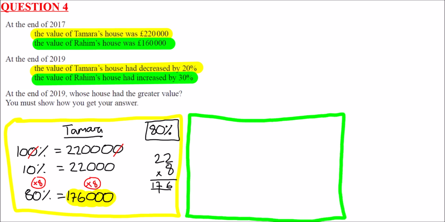So for Raheem's house, it's an increase, so it's gone up in value. Before anything changed to its value, it was 100% of itself. If it's increased, it's gone up by 30%. So we take the original 100 and add on 30. We want to find 130% for Raheem's house. So again, 100% of Raheem's house price was £160,000.